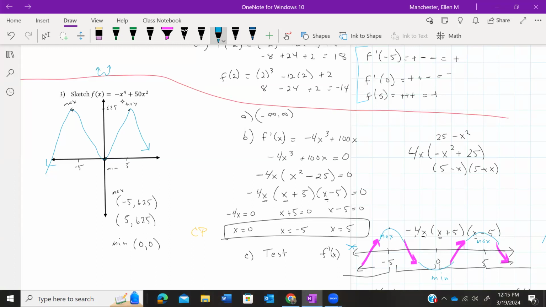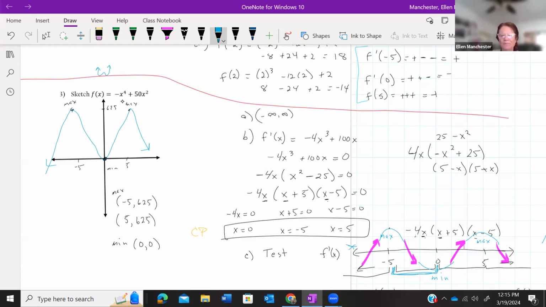And if you have more than one in between those, like this interval right here, you'll pick a number between 0 and -5. But don't include 0 or -5 because you got those because they equal 0. So you don't want to use your critical points. You want to use the values in between the critical points.